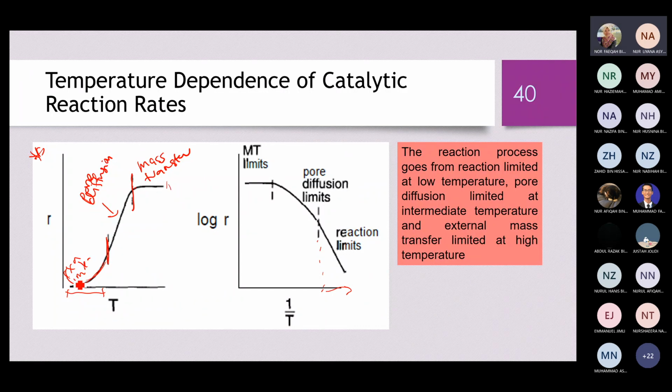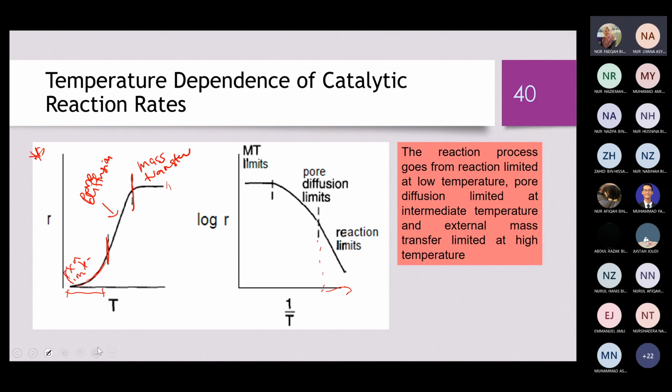Okay, so kalau at high rate reaction value, it keeps increasing. So at this condition, the reaction is pore diffusion limiting. At low temperature of reaction, the reaction is surface reaction limited.